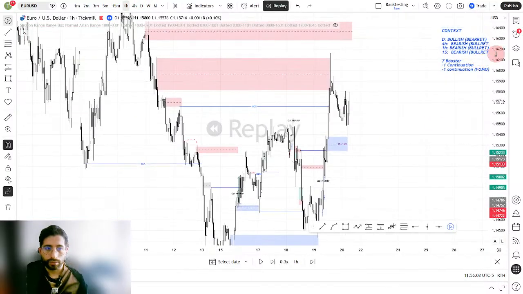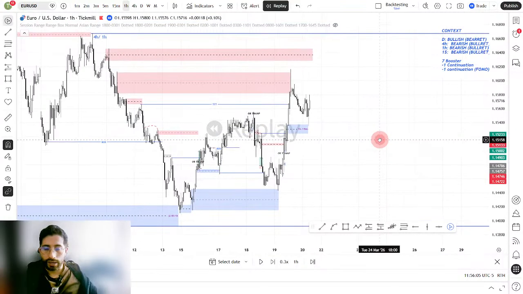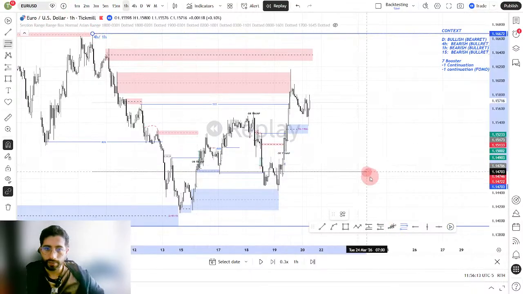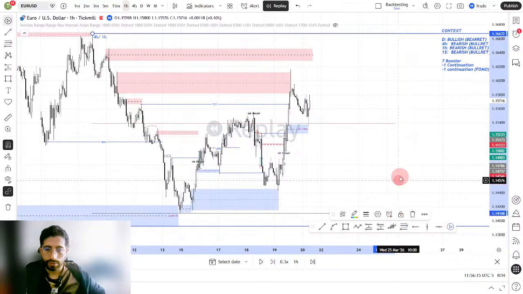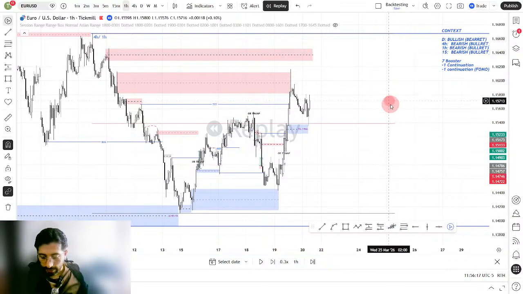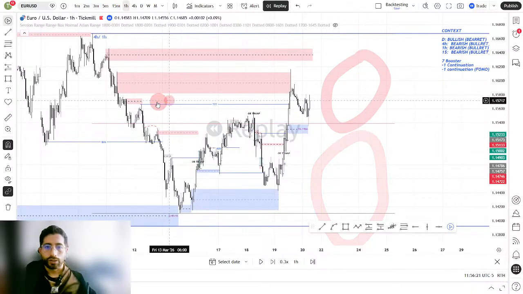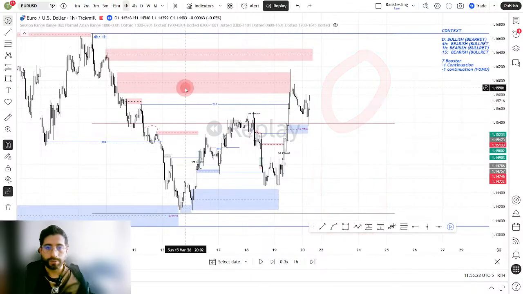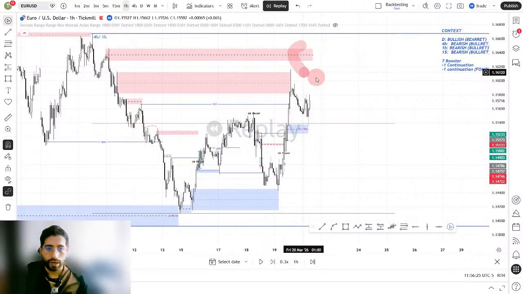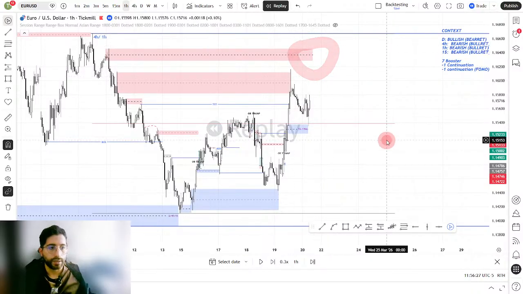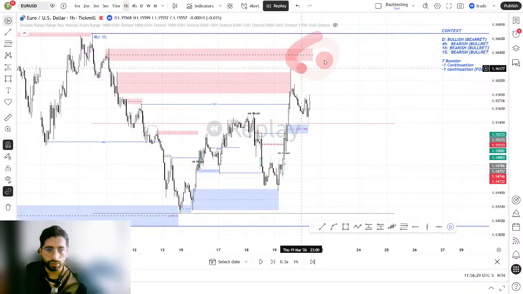Look, if we have used the PD array right here, I'm gonna mark it with the Fibonacci tool. So all of this is premium zone and this is the discount zone, right? So if in 1 hour it is very clear, so this is the order block I would like to sell. I would like to get to this order block to sell.